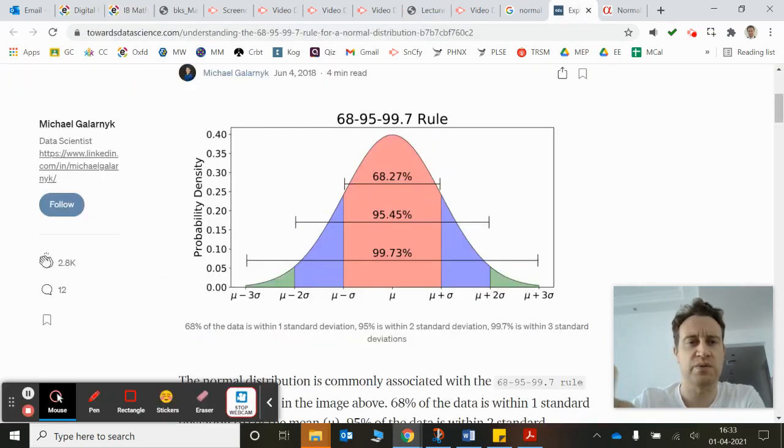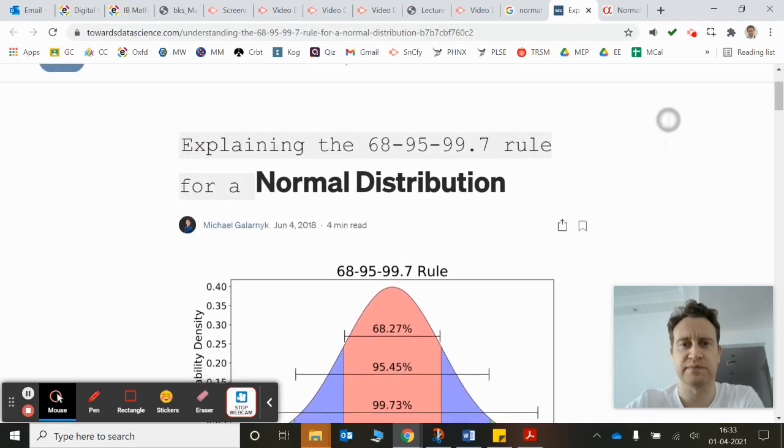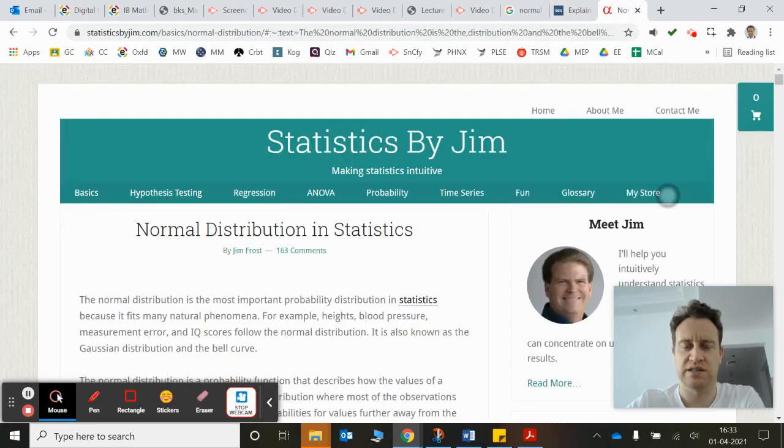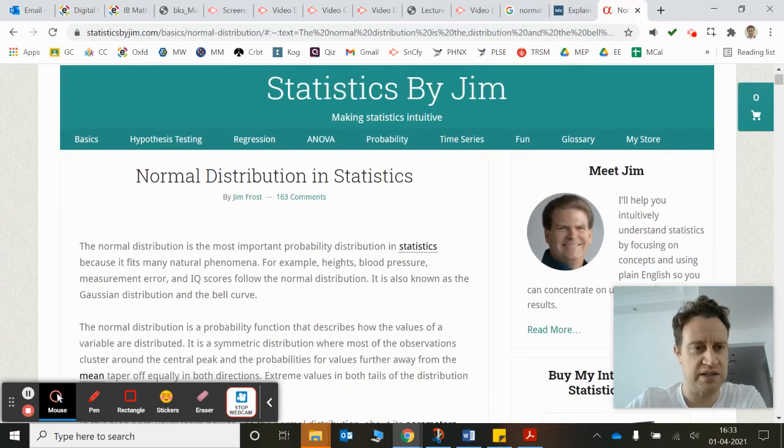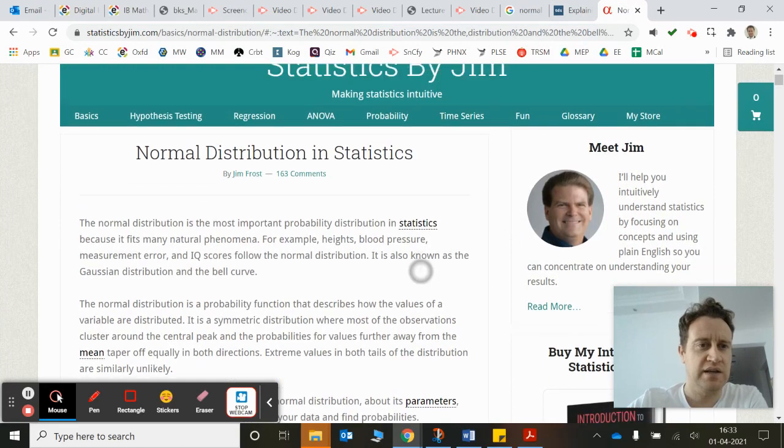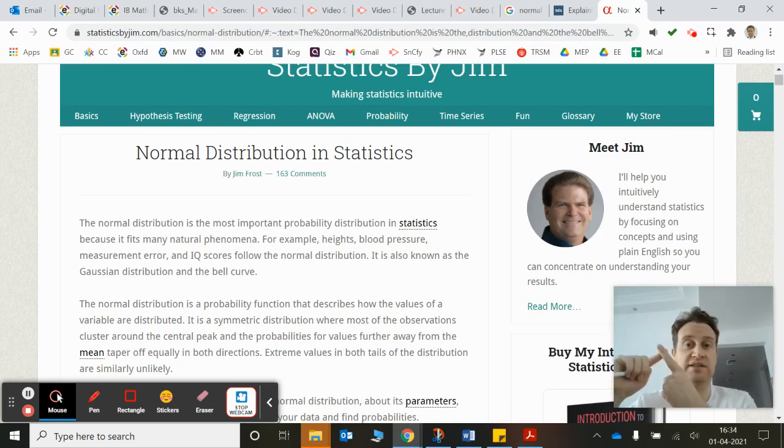This one here is from Statistics by Jim. This was quite nice. It said the normal distribution is the most important probability distribution in statistics because it fits many natural phenomena. For example, heights, blood pressure, measurement error, IQ scores, all of these things follow the normal distribution.